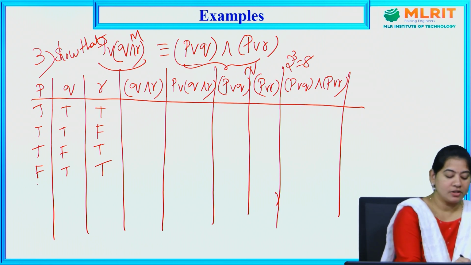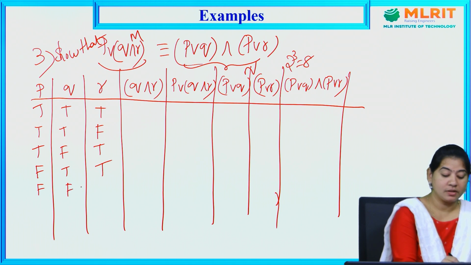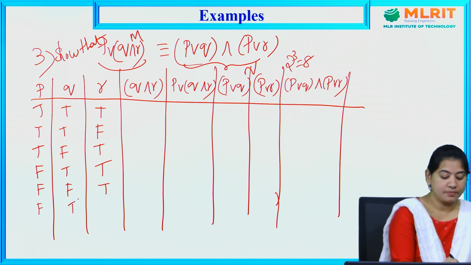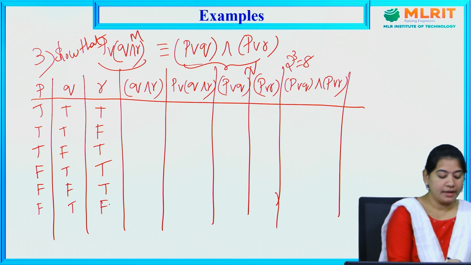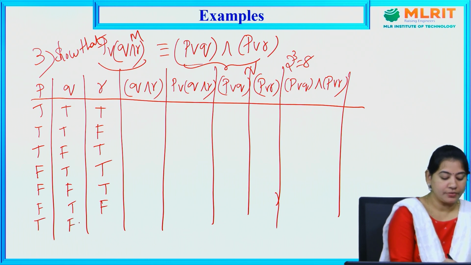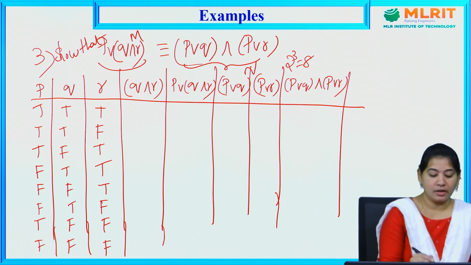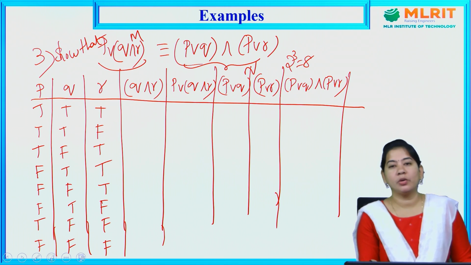Next, let us consider two false statements and one true statement. So, FFT, FTF. Next, we have TFF. And at last, you will get all false statements.